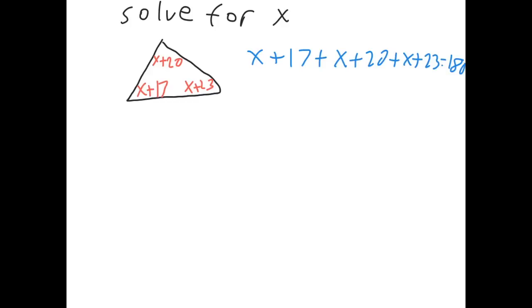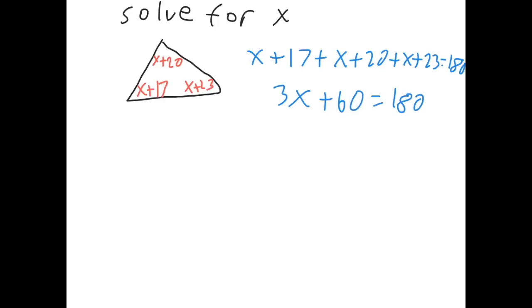So combine like terms. So x plus x plus x is 3x. 17 plus 20 is 37. Plus 23 is 60. So plus 60 equals 180.